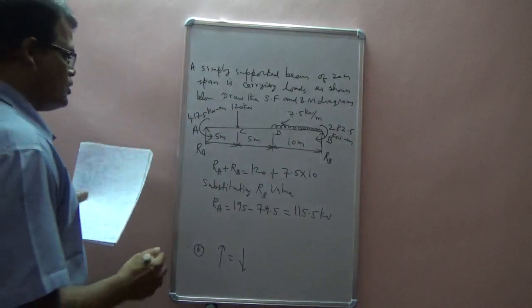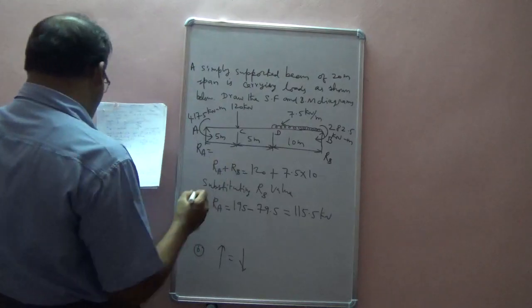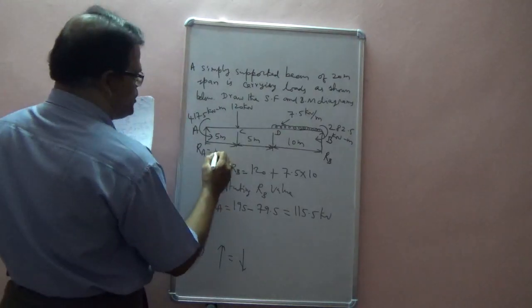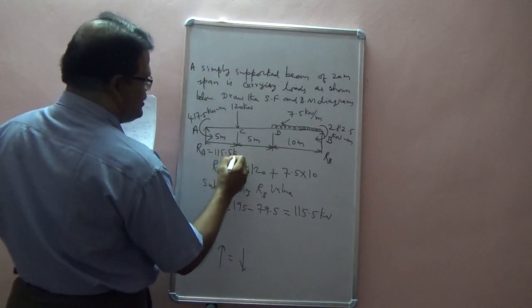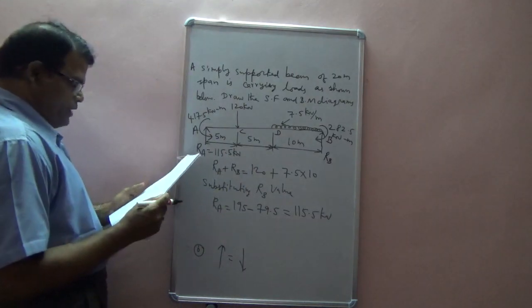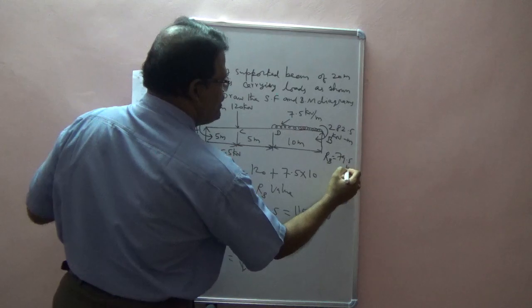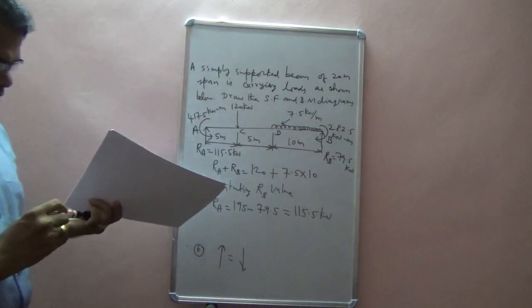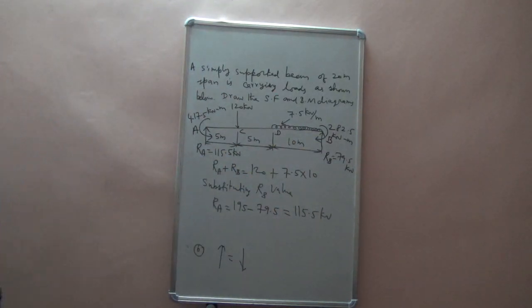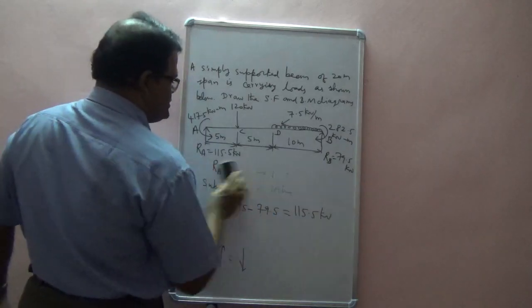So we found the RA and RB values. RA is 115.5 kilonewton, RB is equal to 79.5 kilonewton. So this is the first step as per our procedure.